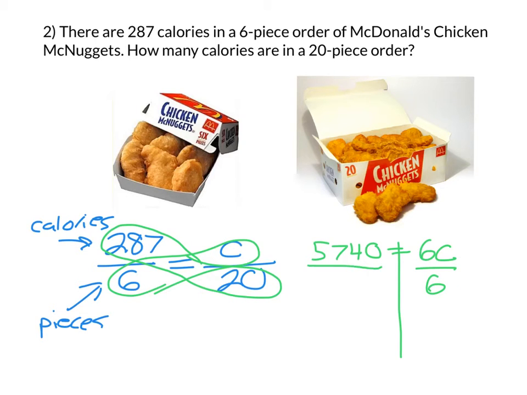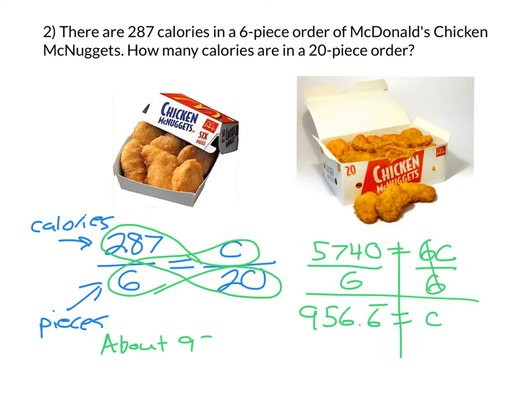You just have to divide by 6, and I get C equals 956.6 repeating. Now, we're talking about calories here, usually on the nutritional packaging, they don't really go into decimals. So we're going to round this one, and we're going to say that this order has about 957 calories for the 20-piece order.